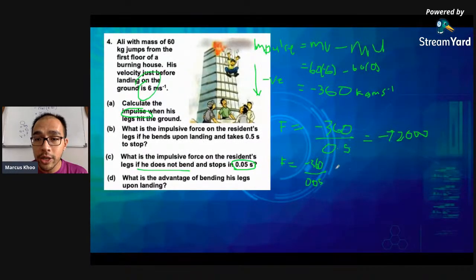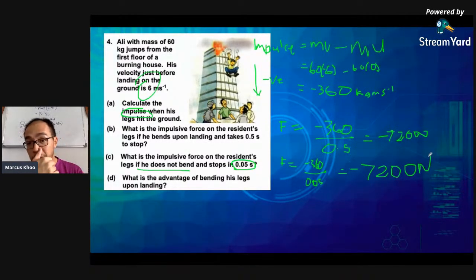What you're going to get is negative 7,200 newtons. That is about 700 kilos.